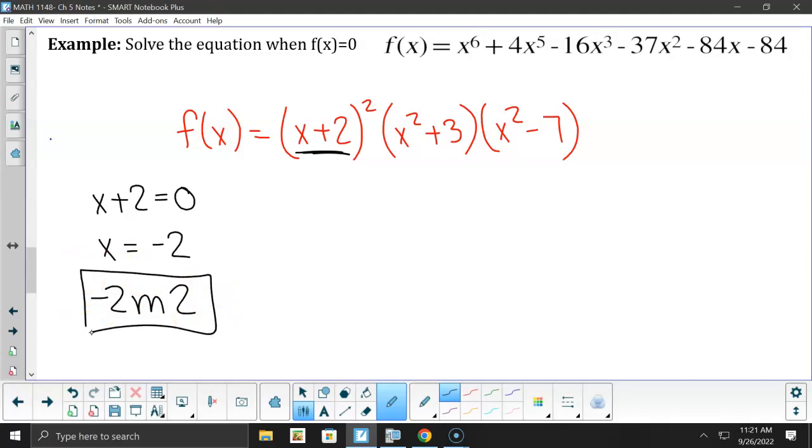Now this middle term, I've got x squared plus 3 equals 0. Sorry. People listening to this are going to be like, oh my god, what just happened? Alright, what happens when I go through to solve this one? It's not real.